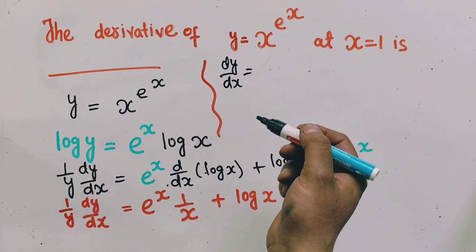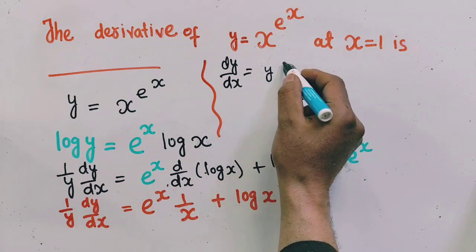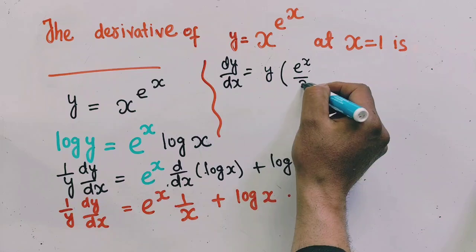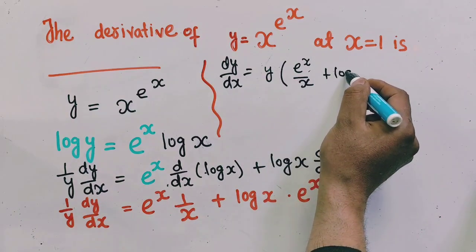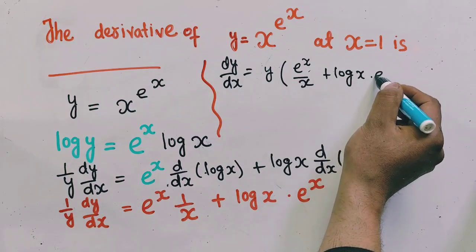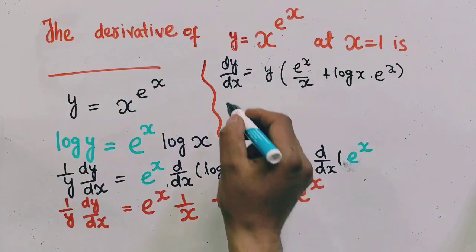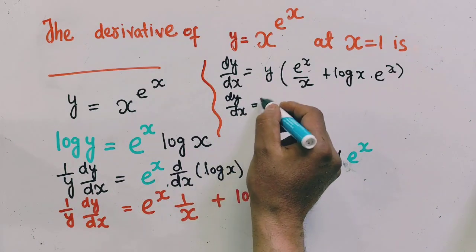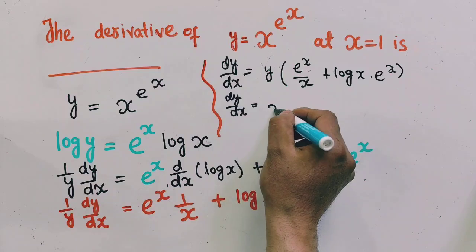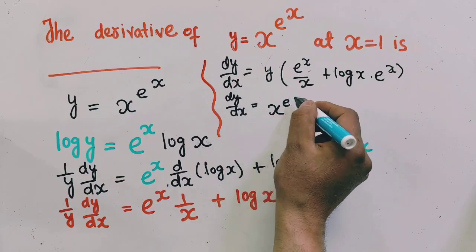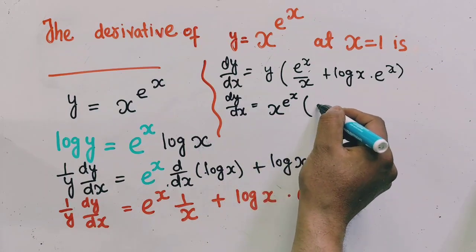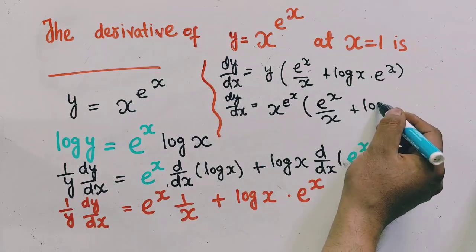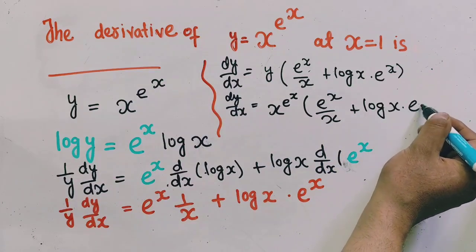transpose this y, it gets multiplied, so we have y times e raised power x divided by x plus log of x times e raised power x, or dy upon dx is equal to, y is the given function x raised power e raised power x, then we have e raised power x upon x plus log of x times e raised power x.